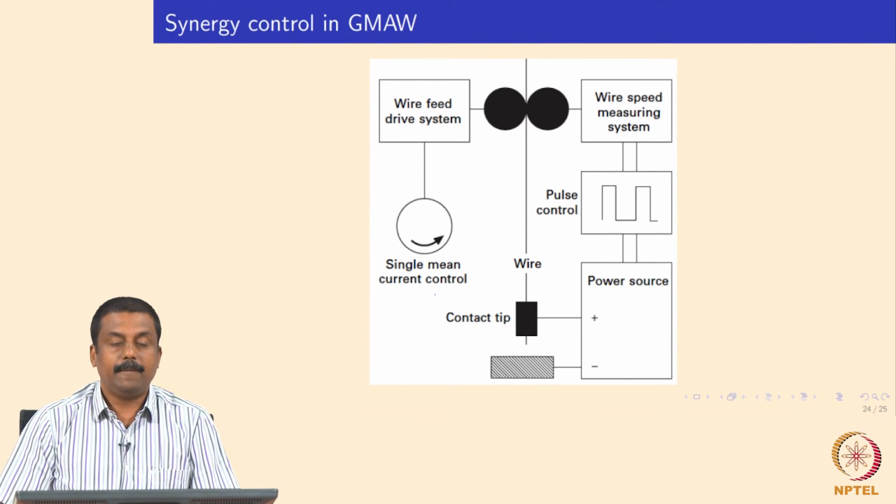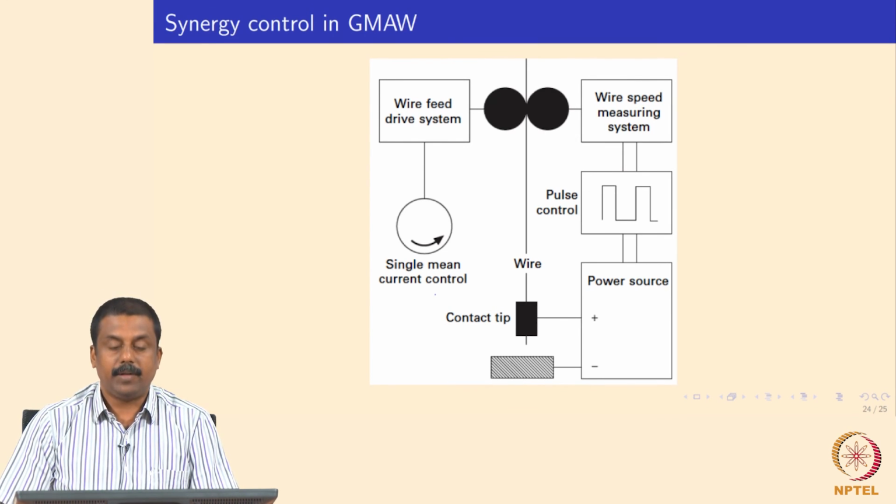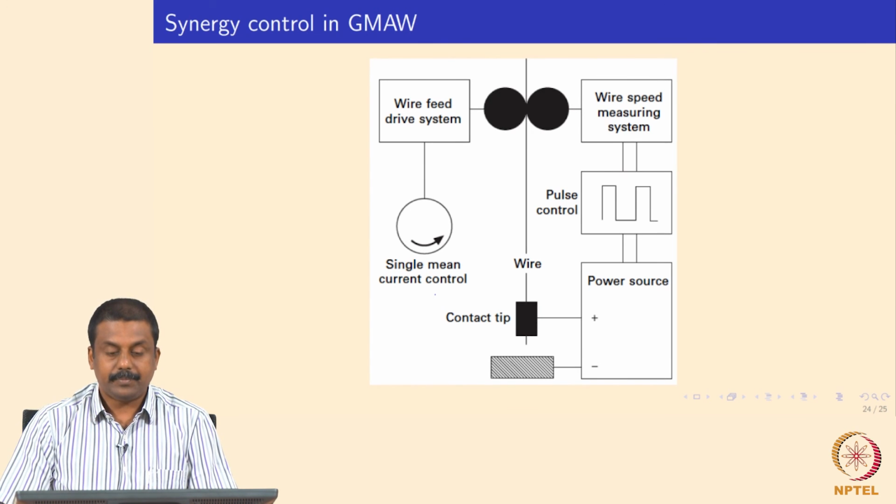These complex process parameter variations can only be controlled nowadays by the invention of synergic power sources, where we have control over the input current and the voltage, as well as the wire feed rate, using microprocessor-based power sources, so we can independently control the wire feed system, the current and the voltage.